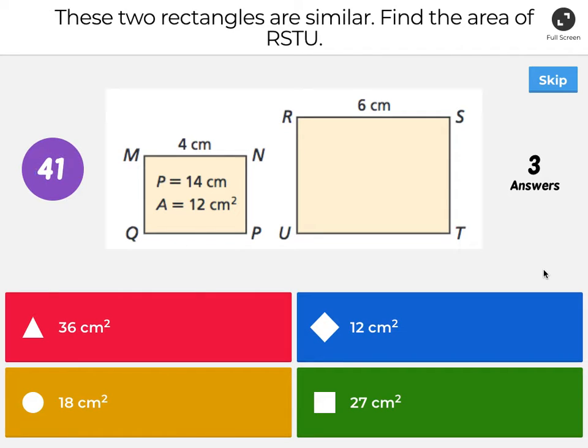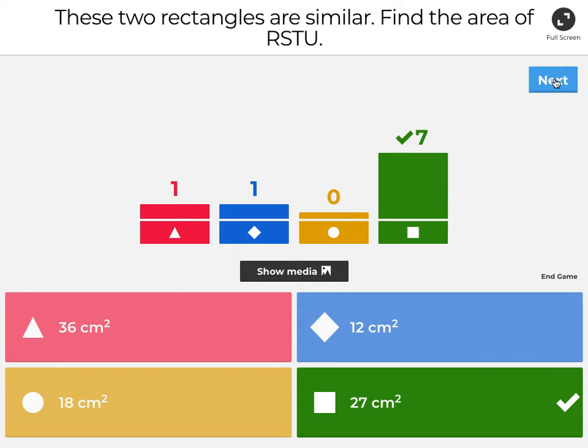And then to get the new area, you take the old area, which is 12, and you multiply it by 9 over 4. 12 times 9 is 108, divided by 4 is 27. That's that one.